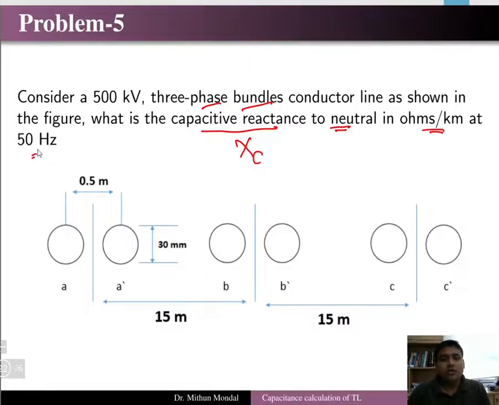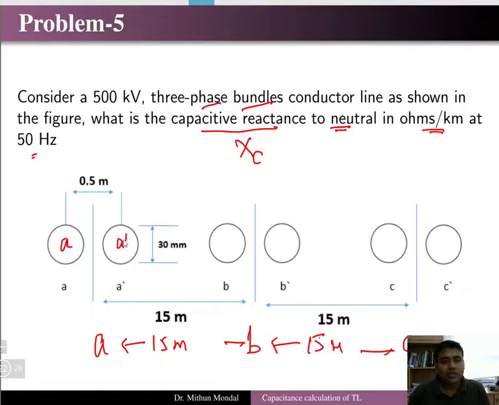So here you have the configuration as such where the distance between the phases, that is A, B and C, is basically the distance given as 15 meter and 15 meter. Okay, and the distance between the bundle A dash, so it is a two conductor bundle, is given to be 0.5 meter and the diameter of the conductor is given to be 30 millimeter.